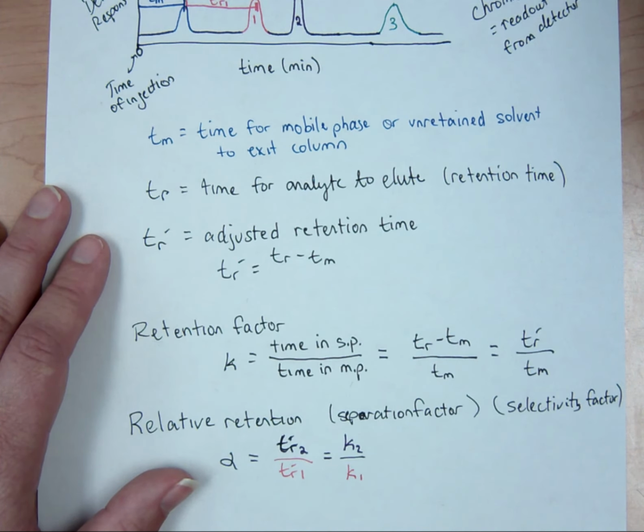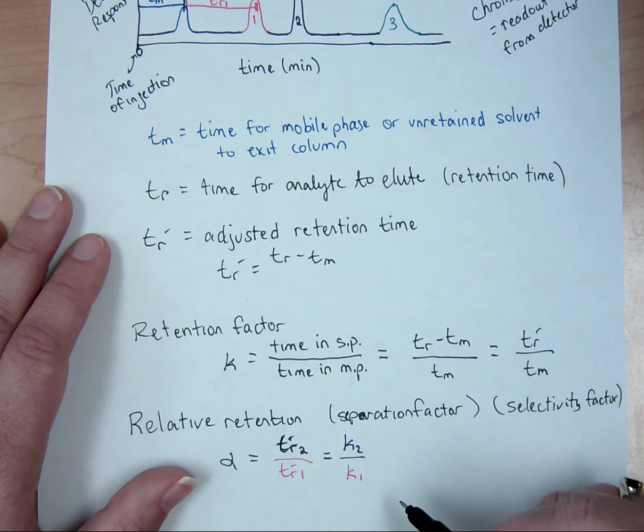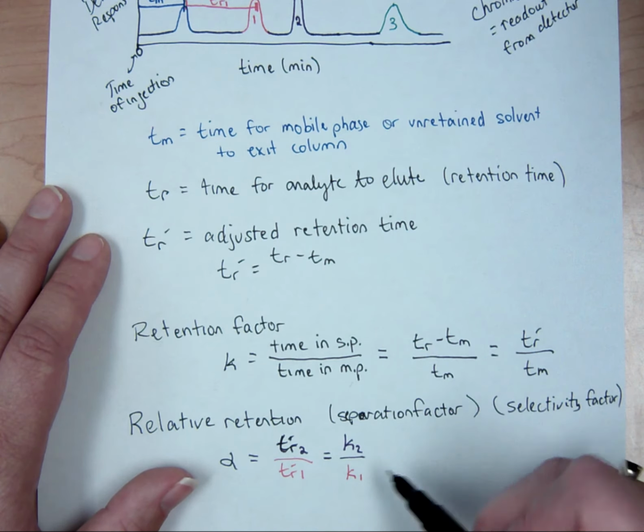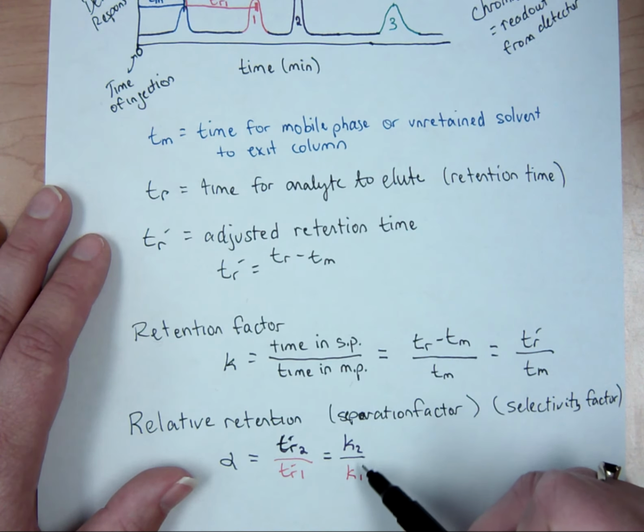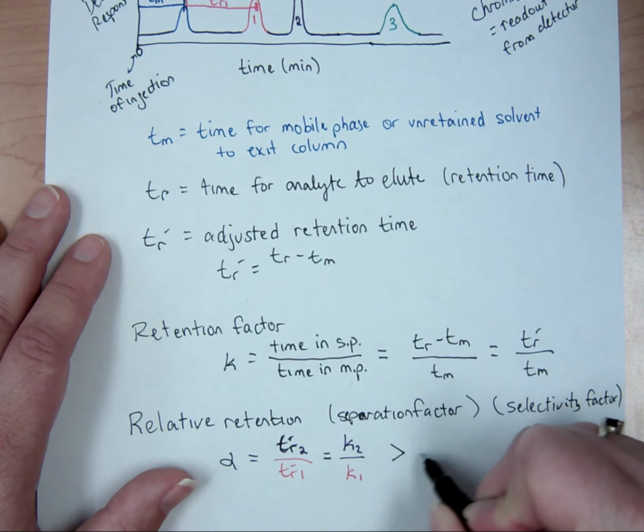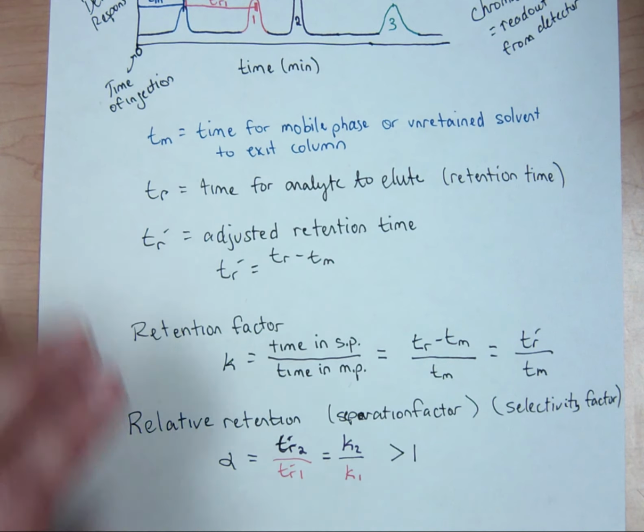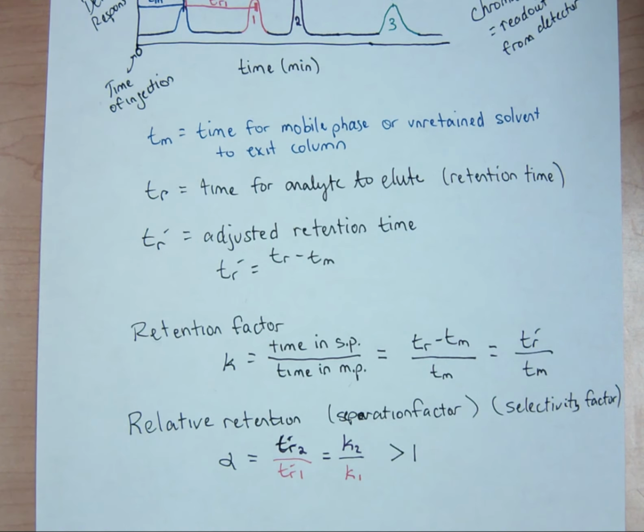Now, we always write the relative retention as the later analyte divided by the earlier analyte, which means that this always is greater than 1. So if you've calculated a relative retention that is less than 1, then you know you just need to flip your sign.